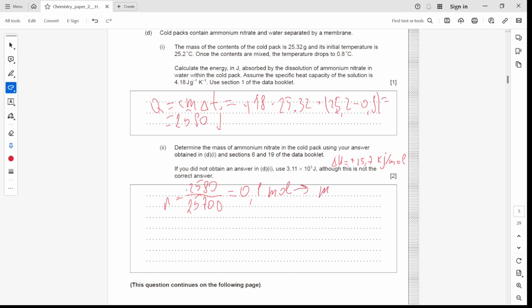And then the mass of ammonium nitrate is just 0.1 times 80 equals 8 grams.